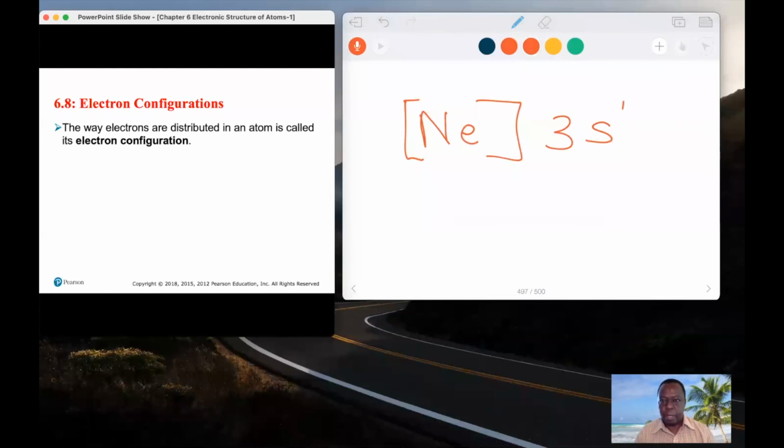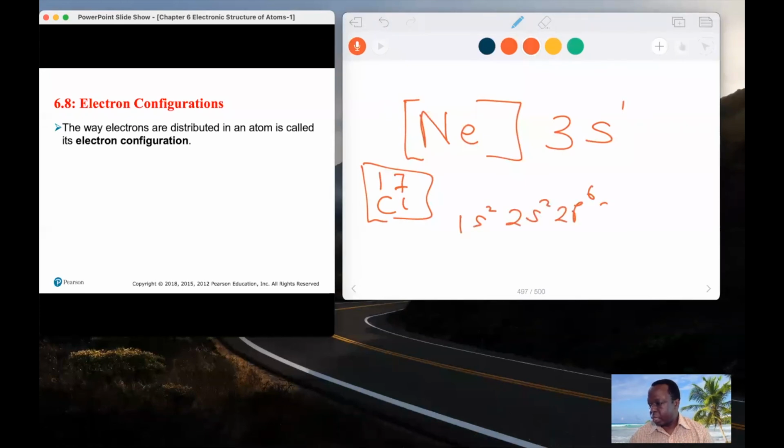So if we have, let's say, chlorine, number 17 on the periodic table, you'll have 1s2, 2s2, 2p6, this is 10, 3s2, that is 12. We need 5 more.